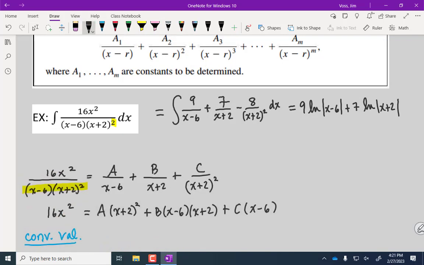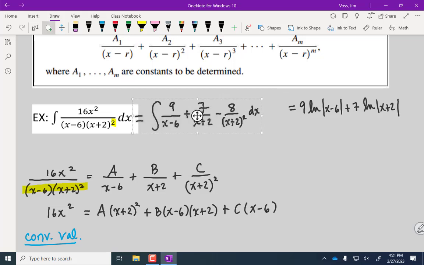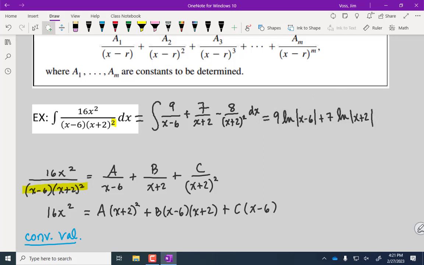Any ideas? Is it tangent? It's not tangent, not u-sub. What can we do with that thing? Expand.